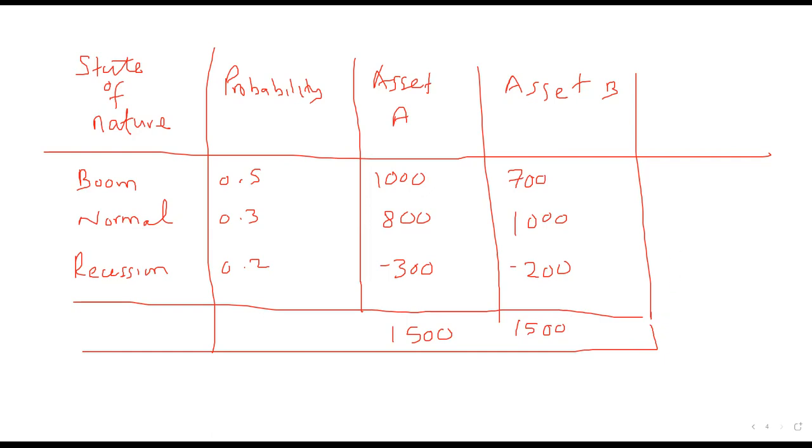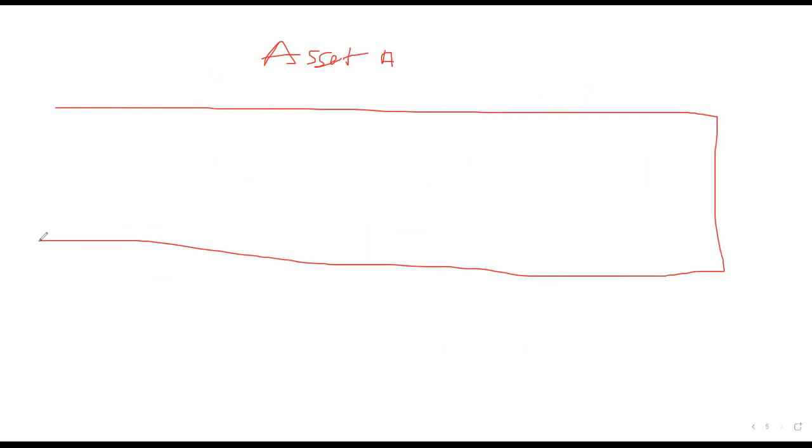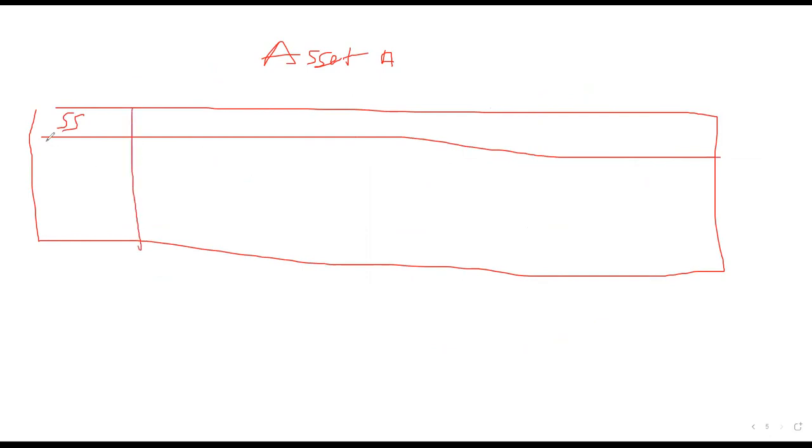So let me start with the risk calculation for asset A. For asset A, we have the associated states of nature: a boom, a normal, and a recession.